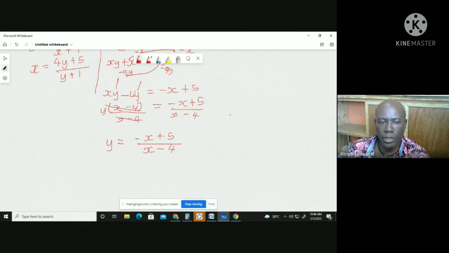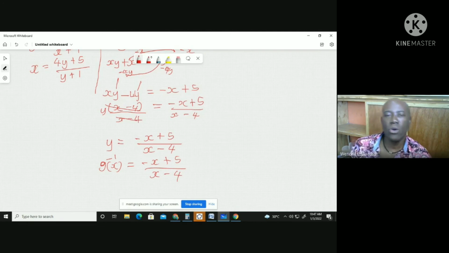In conclusion, the inverse of g of x is equal to negative x plus 5 over x minus 4.